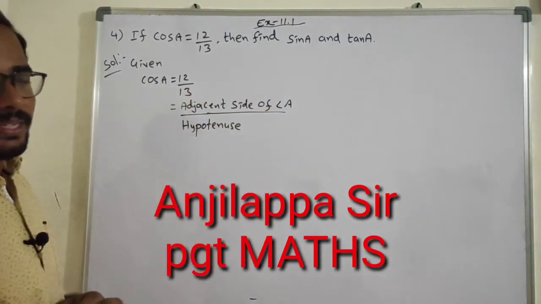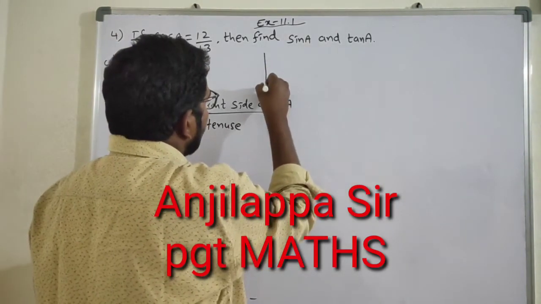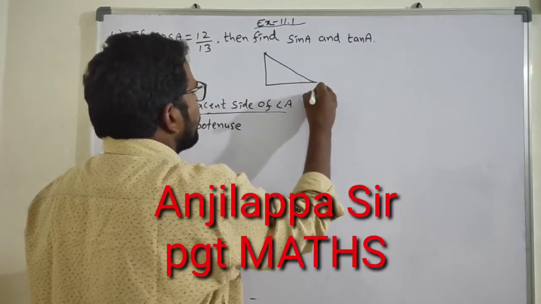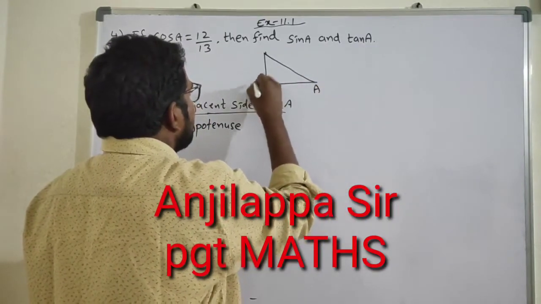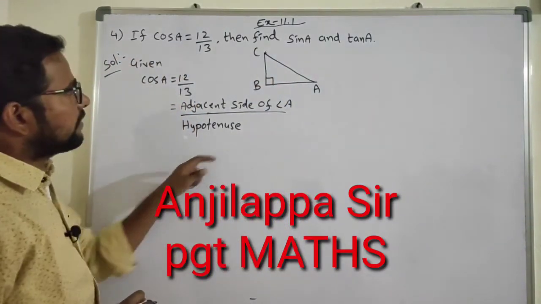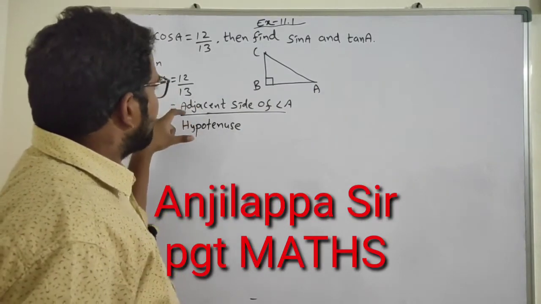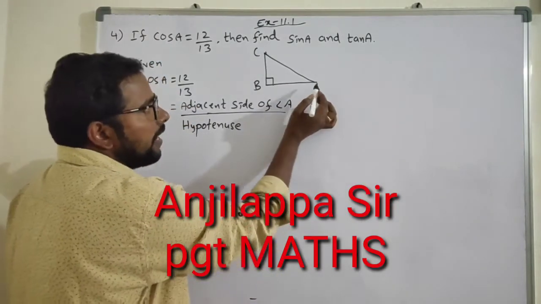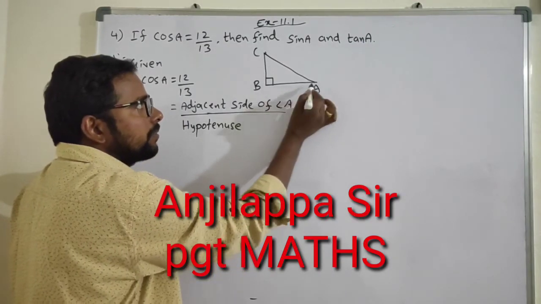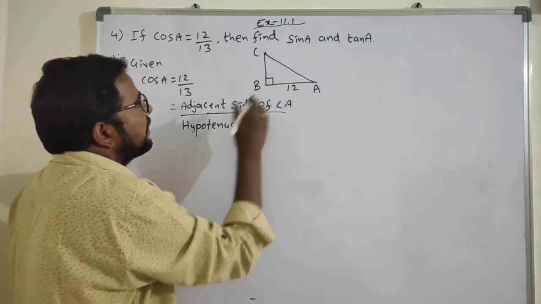Take one right angle triangle ABC, with angle B 90 degrees. Cos A is equal to adjacent side by hypotenuse. What is the adjacent side of angle A? The adjacent side of angle A is AB. So this is given as 12 and the hypotenuse is 13.